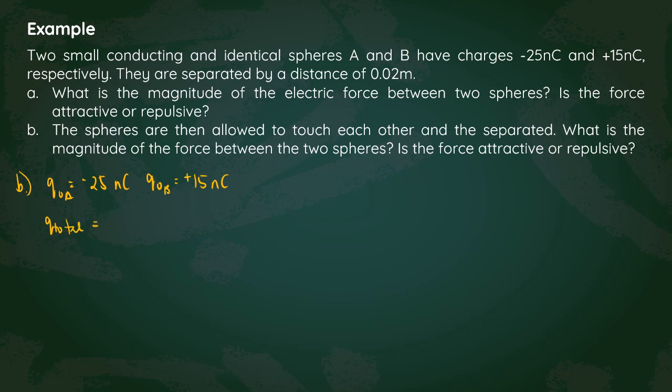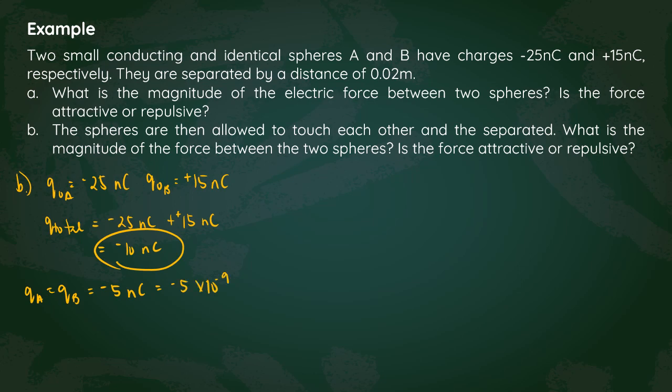The total charge of the isolated system is negative 25 nanocoulombs plus positive 15 nanocoulombs, and we will get negative 10 nanocoulombs. So this negative 10 will be shared between the two spheres, which means both spheres will have equal charges, equal to negative 5 nanocoulombs, or we can rewrite that as negative 5 times 10 raised to negative 9 coulombs.